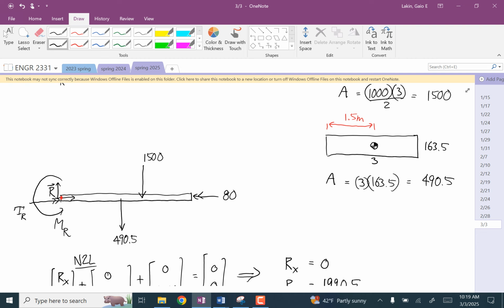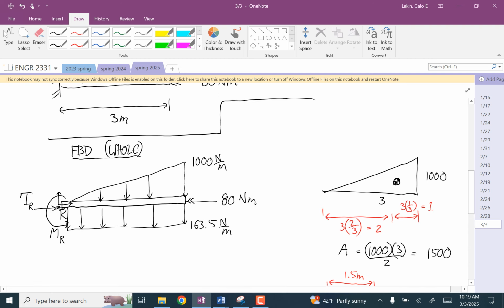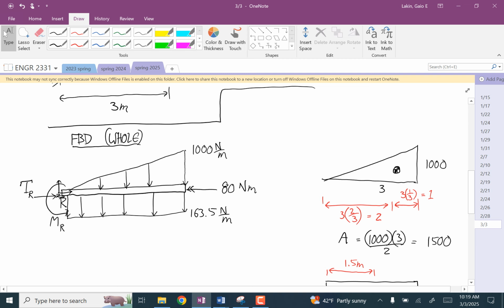Instead, what you have to do is go back to the way it really is, do your cuts, and then once you've chosen the cut to isolate, then you can once again represent those as equivalent point forces.